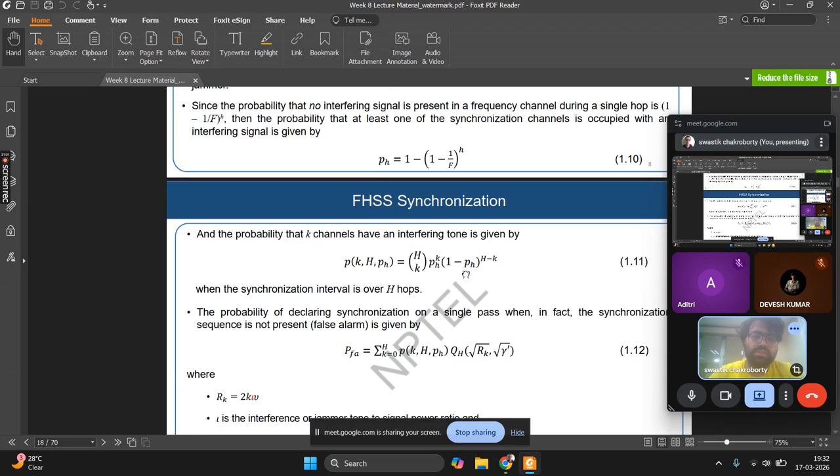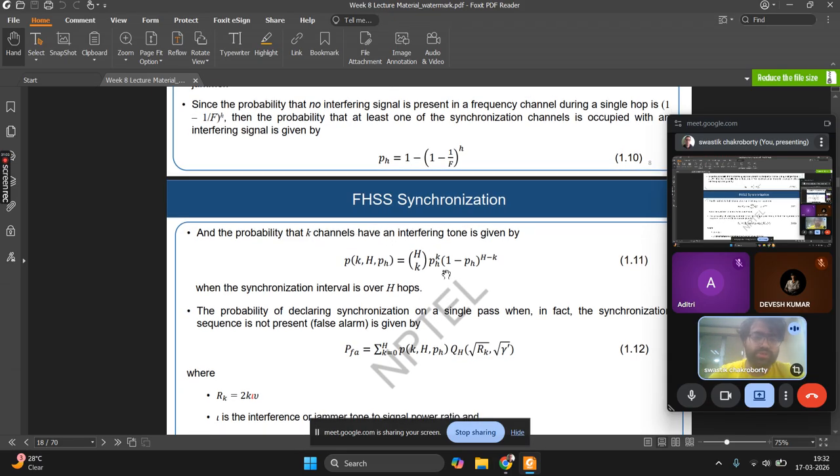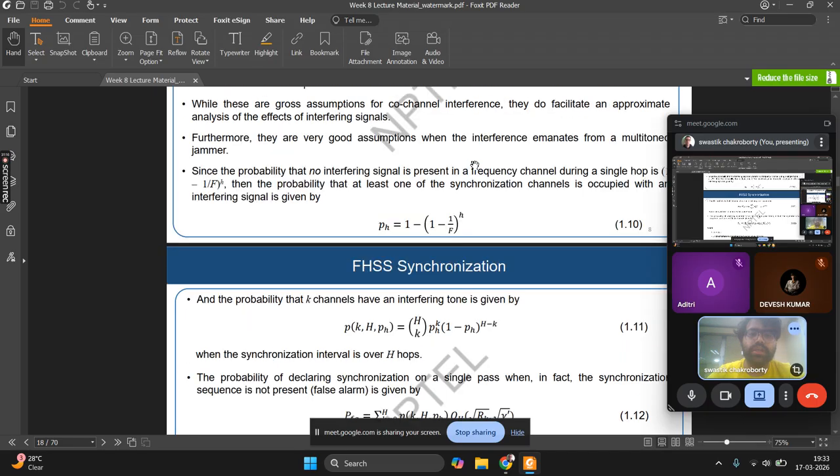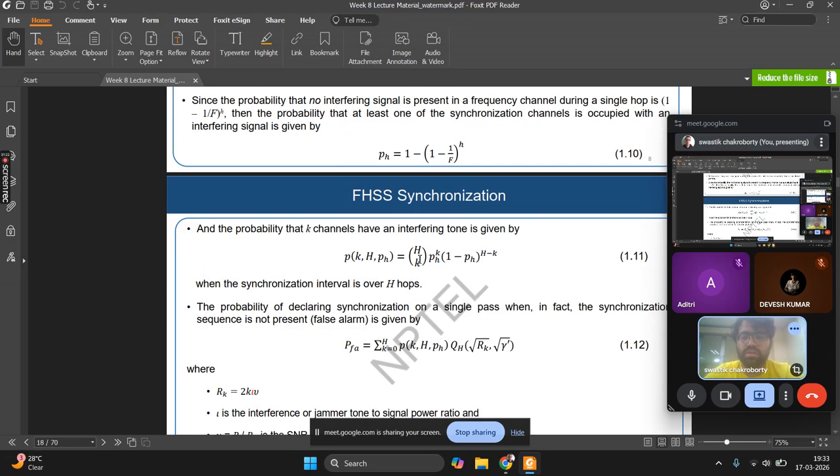Here you can see it is a binomial distribution: H choose k, p_hop to the power k, and 1 minus p_hop to the power H minus k, where p_hop is the probability that it is occupied with one interfering channel. Okay, that particular channel is an interfering channel.